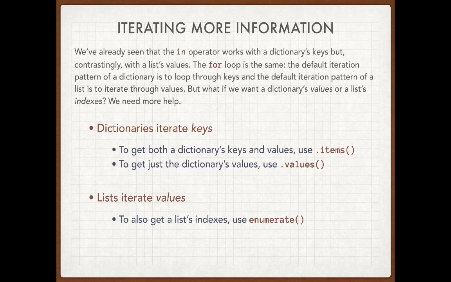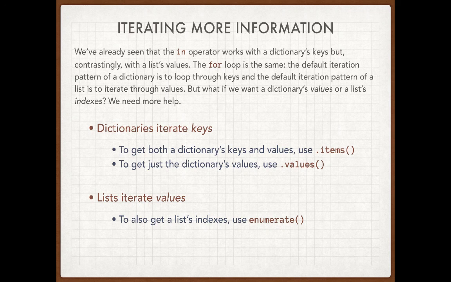The flip of that, the reverse of that, is that in looks at a list's values, but not its indexes. When we work with a for loop, it's exactly that same pattern. So the default iteration of a dictionary is to iterate the keys, but not the values. And the default iteration of a list is to look at the values, but not the indexes.